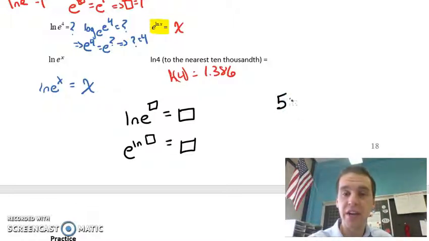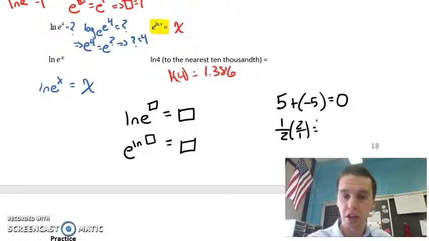Just like 5 plus negative 5, they basically cancel each other out. The ln's and e's cancel each other out, and you're left with what is left after that. Remember that inverses, like 1/2 times 2 over 1, are left with the identity portion of it.